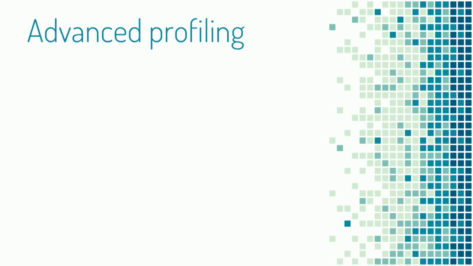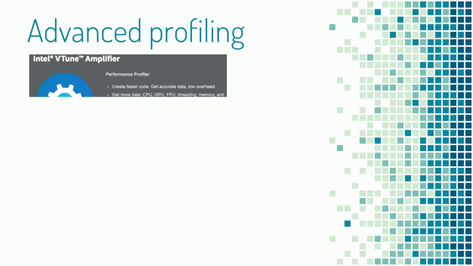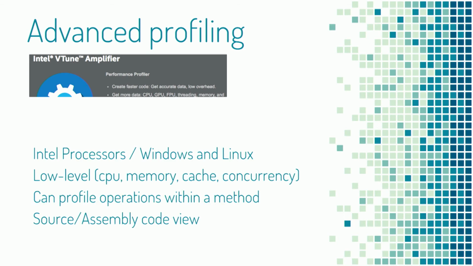And then there's this other tool for advanced profiling, and it's really, really amazing. I love this tool, but it's also commercial, and there are no free licenses for open source, so that's a problem. That is the Intel VTune Amplifier. It only works for Intel processors on Windows and Linux. There is no Mac support.